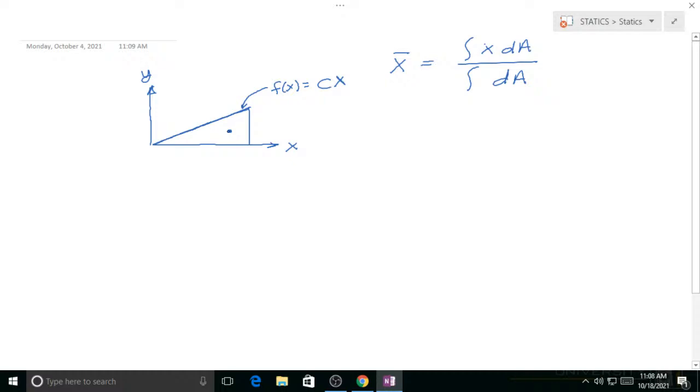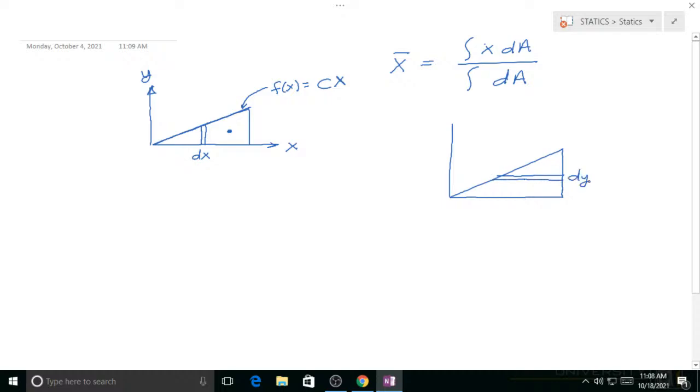But we're going to start with this concept that we don't know. And so if you're looking for the d area here, you got two ways you can do it. You can do a dx, or you could do this, and I'm drawing it over here so I can erase it. You could do a strip this way and call it a dy.